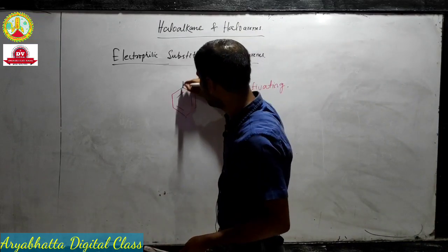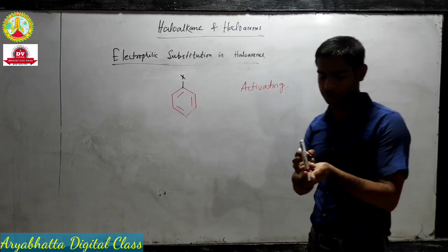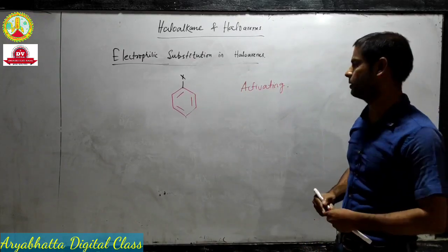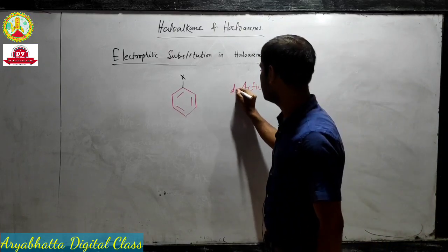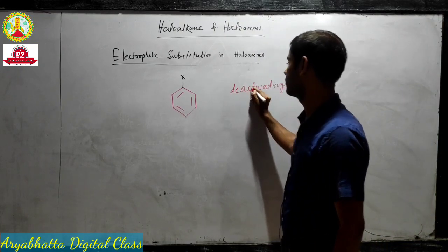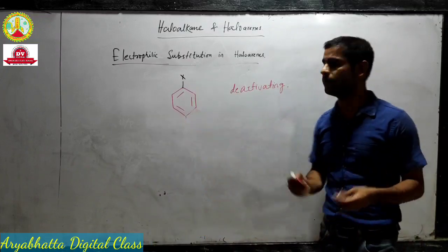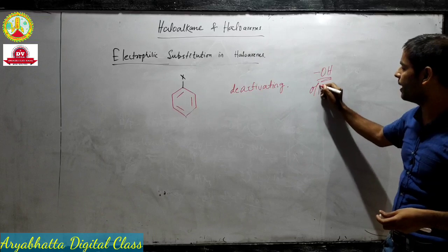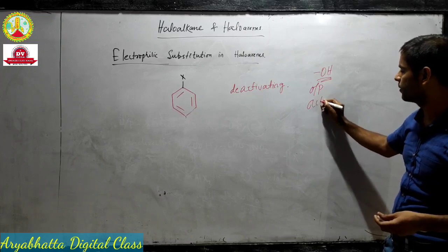Halogen is such a substituent that it is ortho-para directive, but it is deactivating. Like hydroxide, which is ortho-para directive and activating.